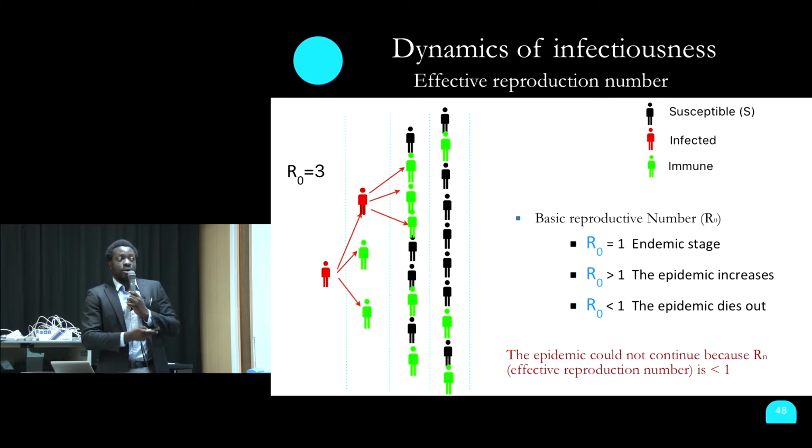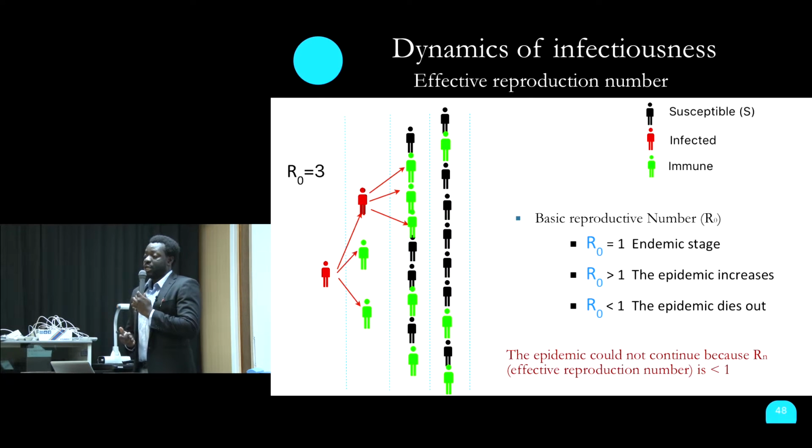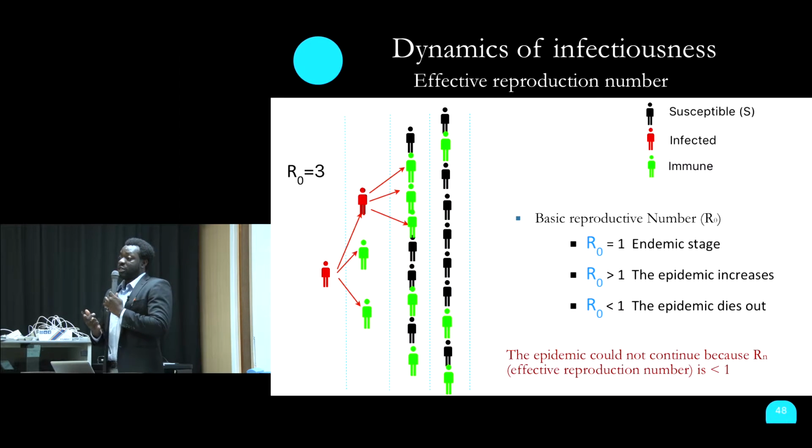So people who have immunity in a population actually protect people who don't have immunity. That is why it's not important, when it comes to vaccination, to give vaccine to everybody 100%. You just need to give vaccine to a fraction of them, and the others would be protected indirectly.